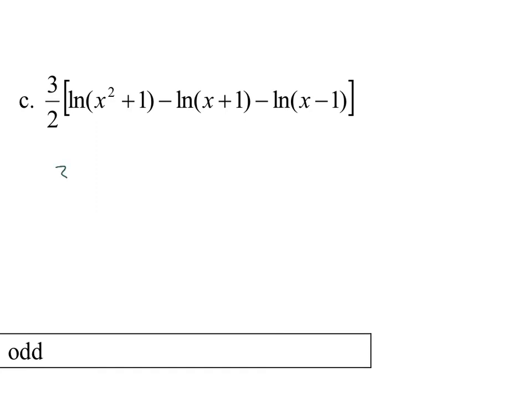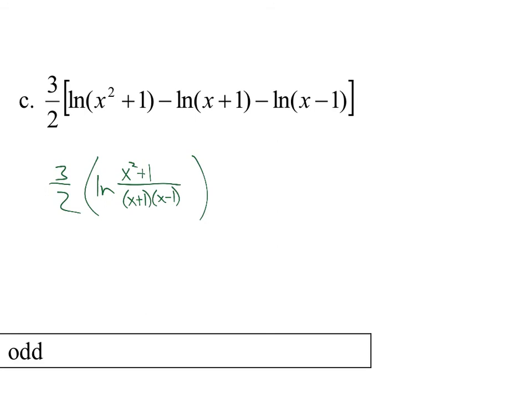Okay, we have 3/2 times, what would the inside look like? ln of x squared plus 1 over x plus 1 times x minus 1. Yeah, okay, those are both subtracted, so they both go in the denominator.